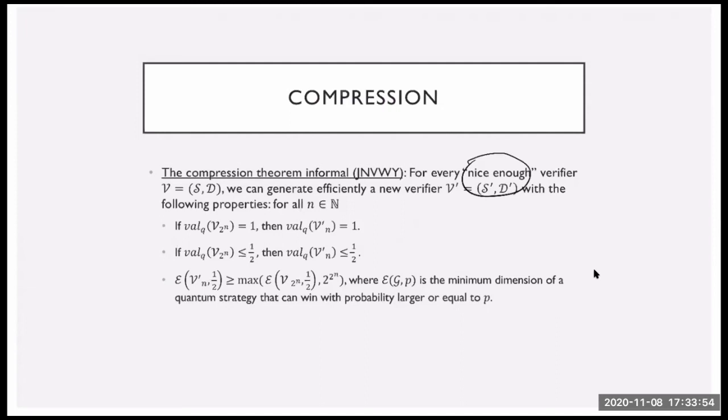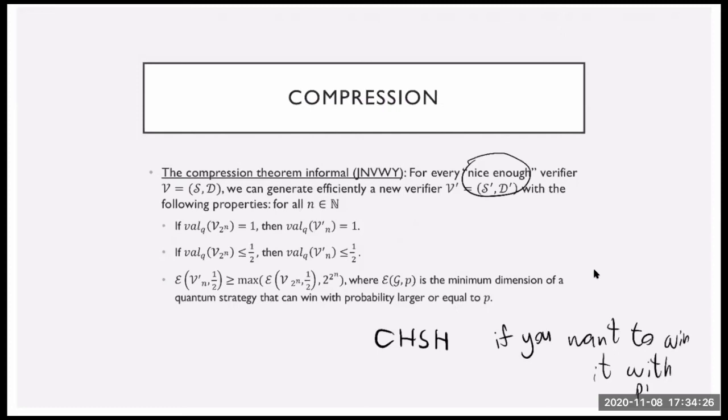If I denote by E(G,P), where G is a game and P is some probability, the minimum dimension of a quantum strategy that can win with probability larger or equal to P. For example, for the CHSH game, if you want to win it with probability smaller or equal to 0.75, you can use classical correlations, which just means that you need zero-dimensional entanglement. So you don't need any entanglement.